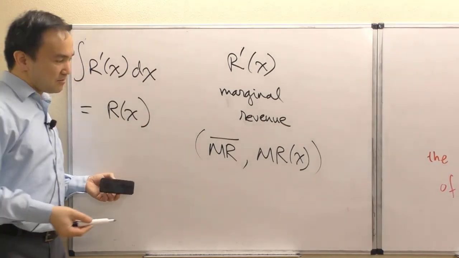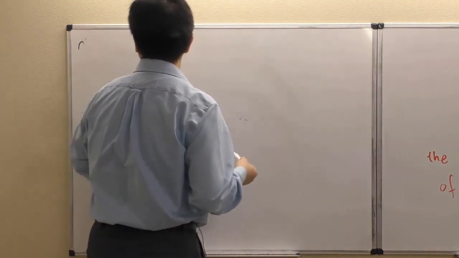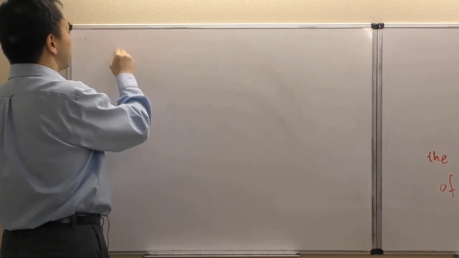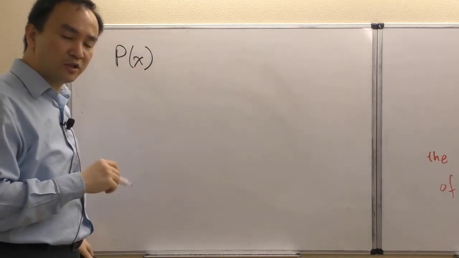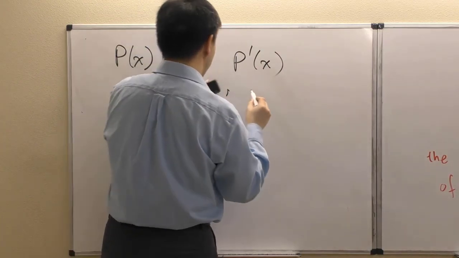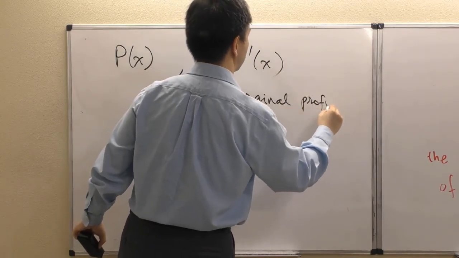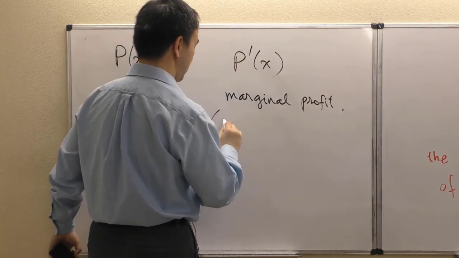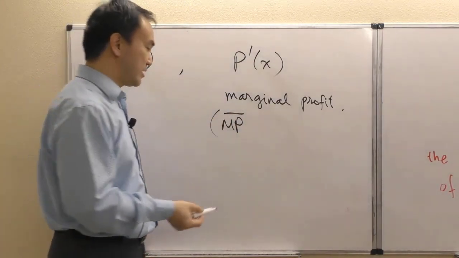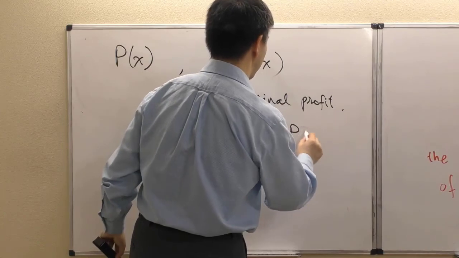And in the same way, I remind you, profit as a function of units being sold has P prime as the marginal profit. Again, a few textbooks out there use MP as a symbol for marginal profit, or MP of x.